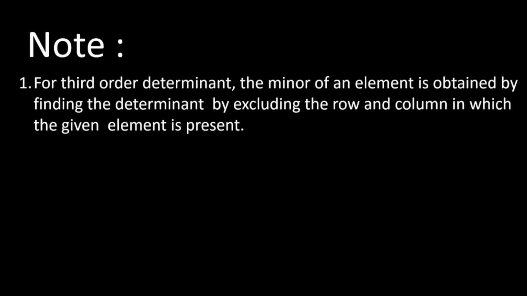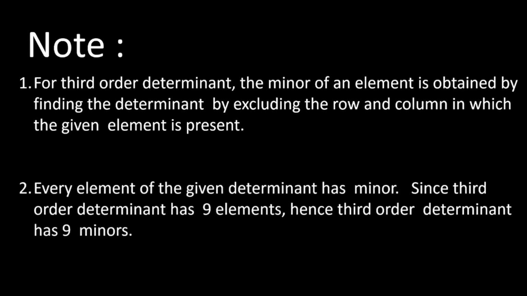For a third order determinant, the minor of an element is obtained by finding the determinant after excluding the row and column in which the given element is present. Every element of the given determinant has a minor. Since a third order determinant has 9 elements, it has 9 minors.